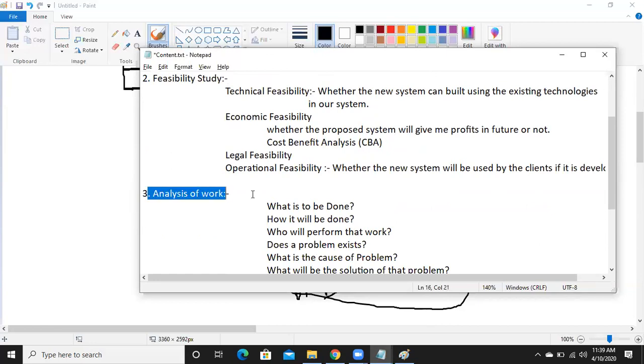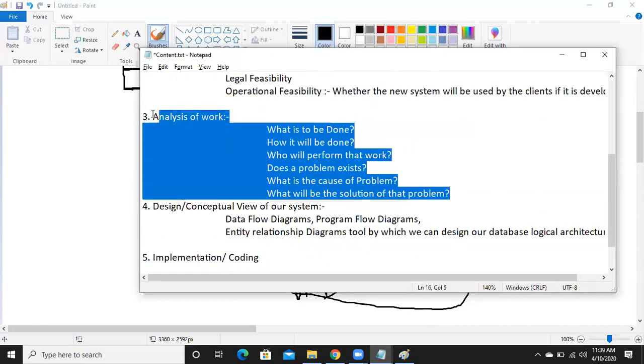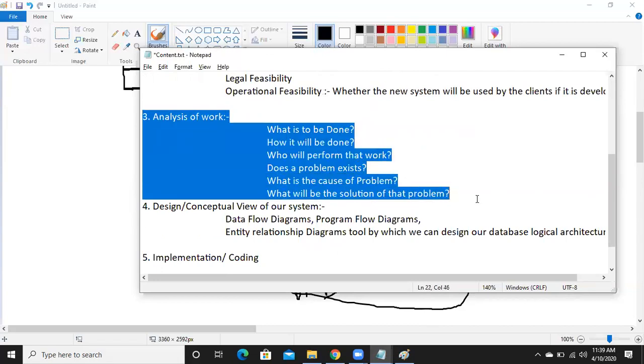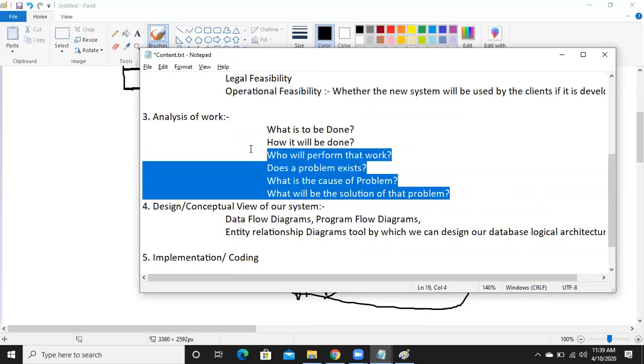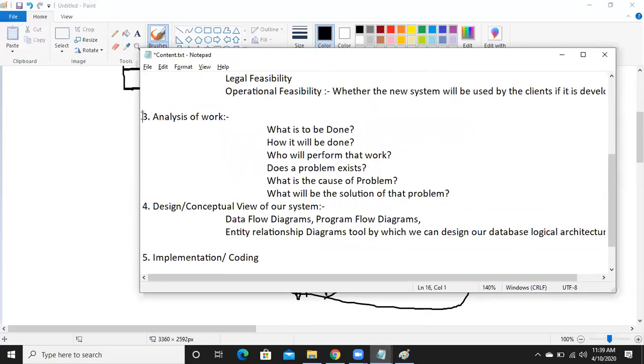In the analysis of work, we basically ask some questions which will make our vision clear and which will divide our work very efficiently, with the help of asking the question: who will perform that work?